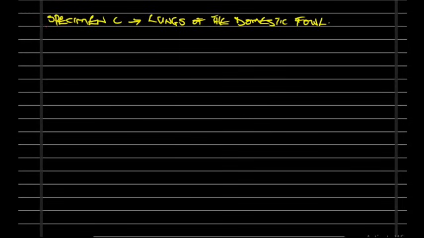So the lung, like we know, is a respiratory organ that is found in animals. This time around, the animal we are specifically talking about is the domestic fowl. So the lungs make up the large part of the respiratory system.